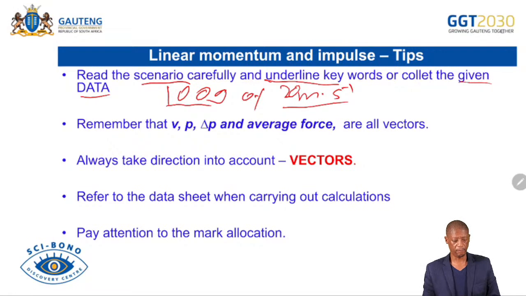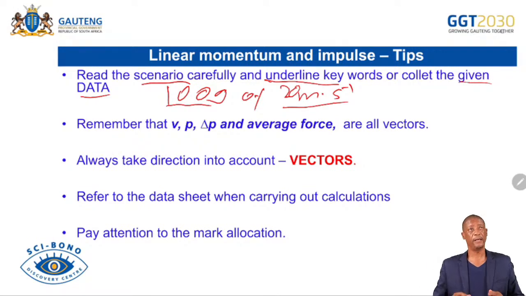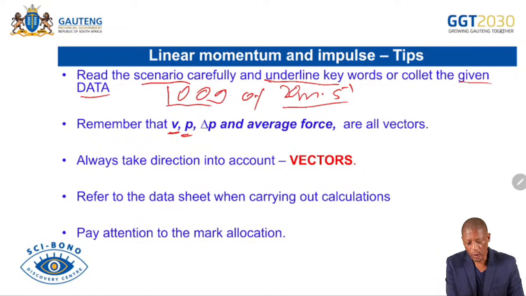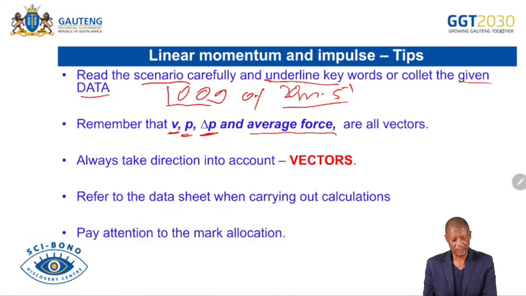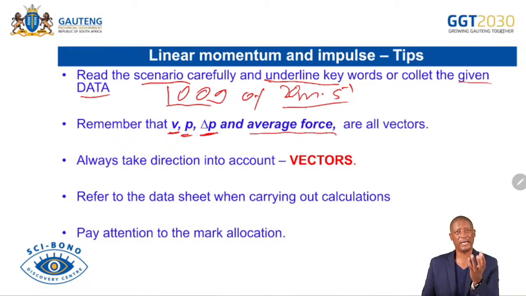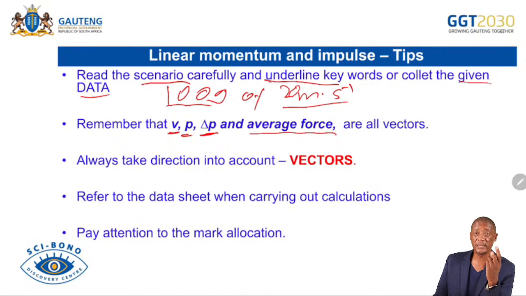That will help you. Now, remember, if we talk about momentum, we've got velocity, V. Then this represents momentum, P. Then this one is a change in momentum. And we've got the average force. All are vectors. They've got magnitude and direction. So once you start calculating momentum, you must think of what?